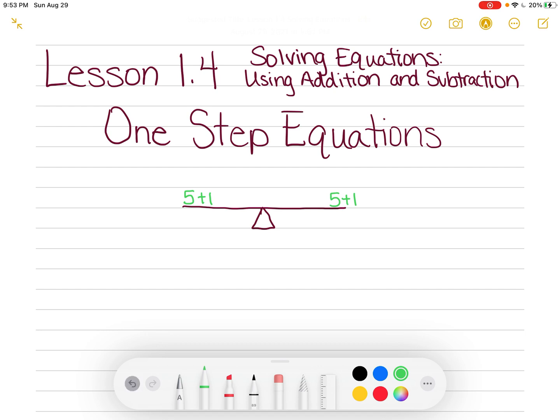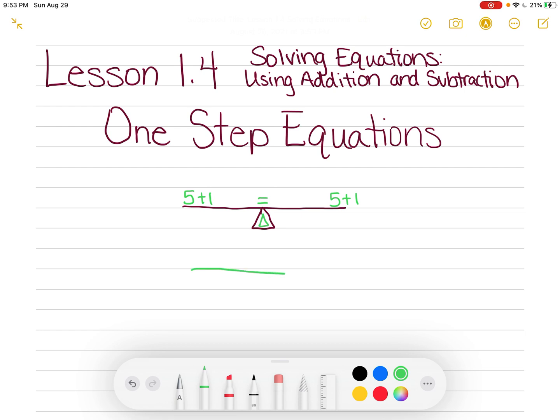If I didn't add that 1 over on the right side, then this would become unbalanced, right? Because I would have 6 and 5. So if I add 1 to one side, then I need to add 1 to the other side. In the middle of this balance would be an equal sign, right? So I always want those two sides to equal each other.